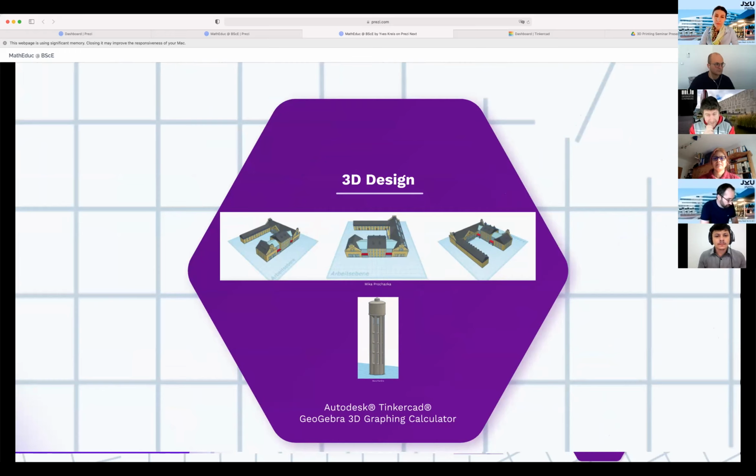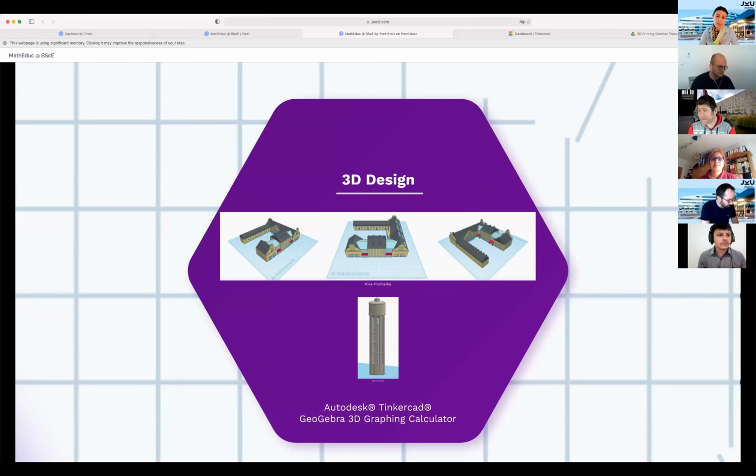The first one is the 3D design. So our students take a monument, a bridge, a church, or a water tower, or a city hall like you see here.